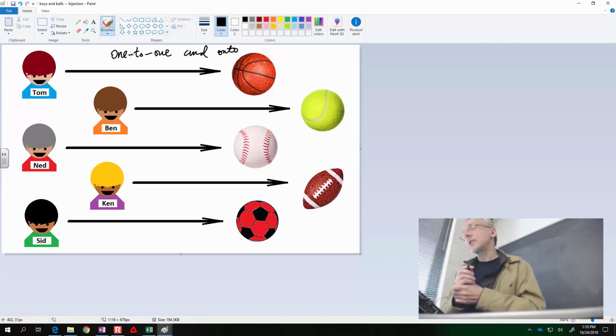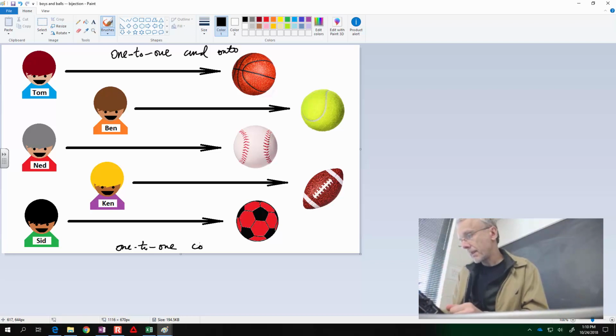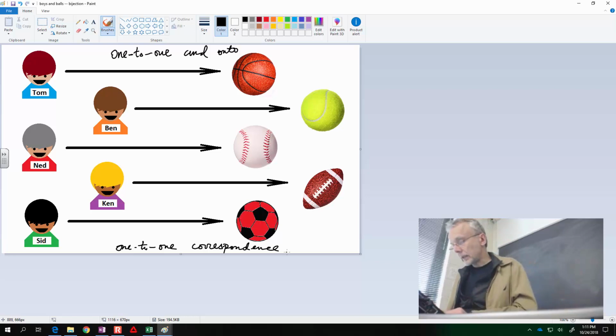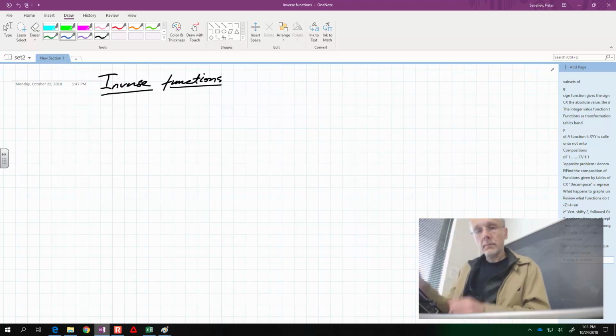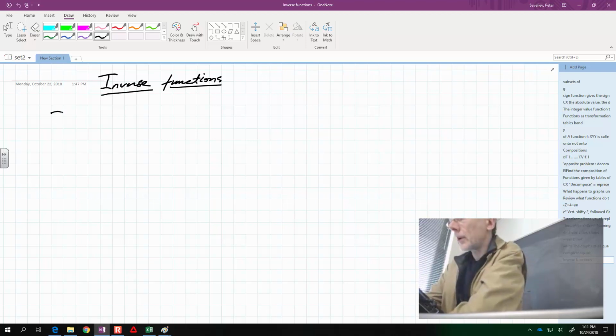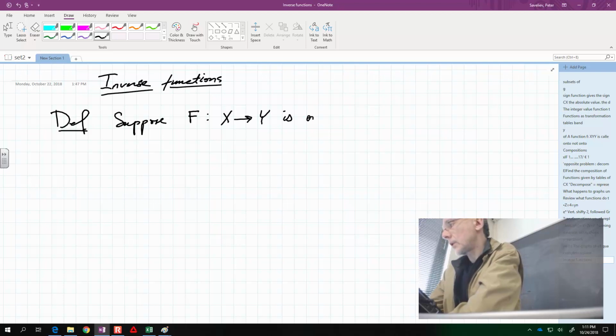Why? Because this is what is called a 1-to-1 correspondence between two sets. Let me state the definition. Suppose f from X to Y is 1-to-1 and onto. It's like one word, because one of them alone would not do the trick.